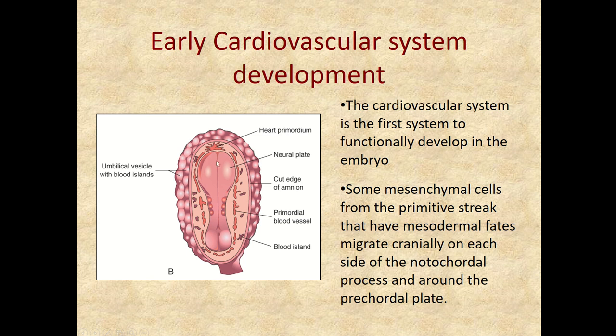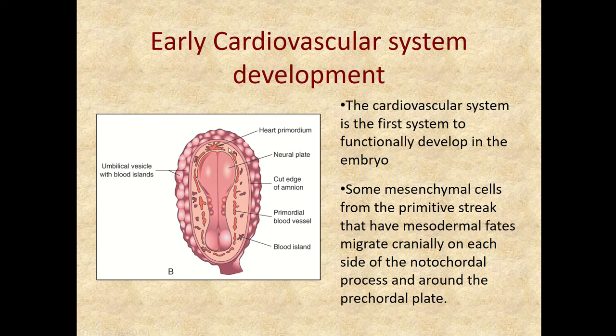Now, the cardiovascular system is actually the first system to functionally develop in the embryo. If you remember from the primitive streak making the mesoderm and filling in between the endoderm and the ectoderm in most areas of the embryo, you might remember me briefly discussing the cardiogenic region.